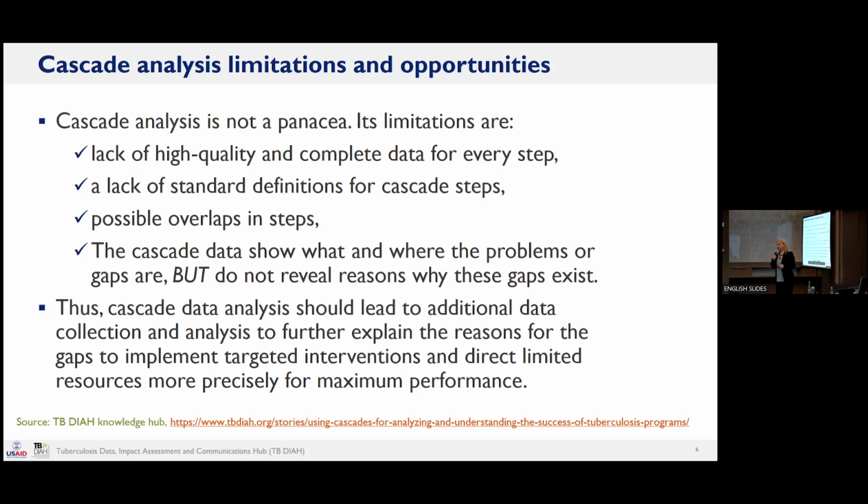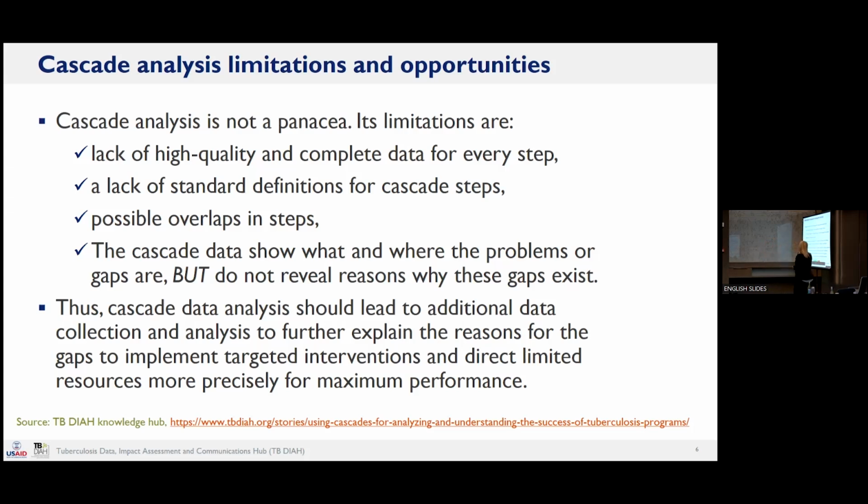We'll just see that we have insufficient detection, for instance, or an insufficient number of patients completed treatment, or an insufficient number of patients received diagnostics via molecular or other methods. So we will not have the answer to the question why.